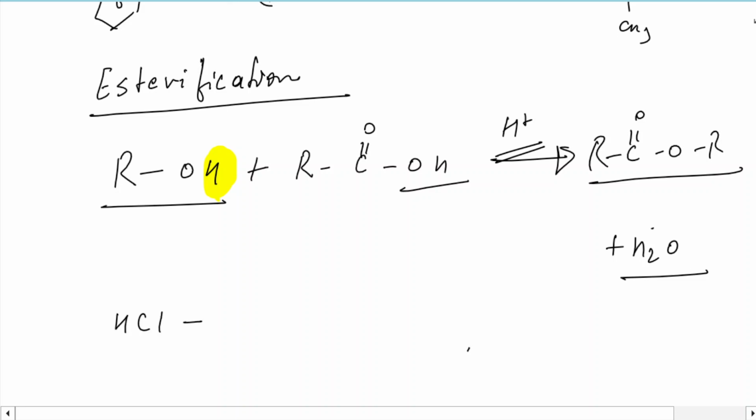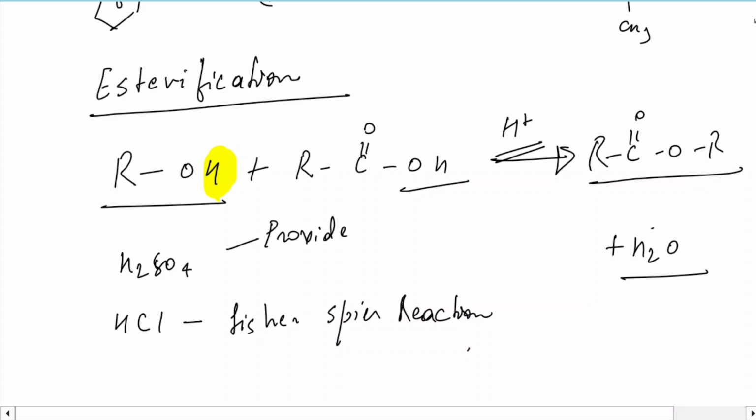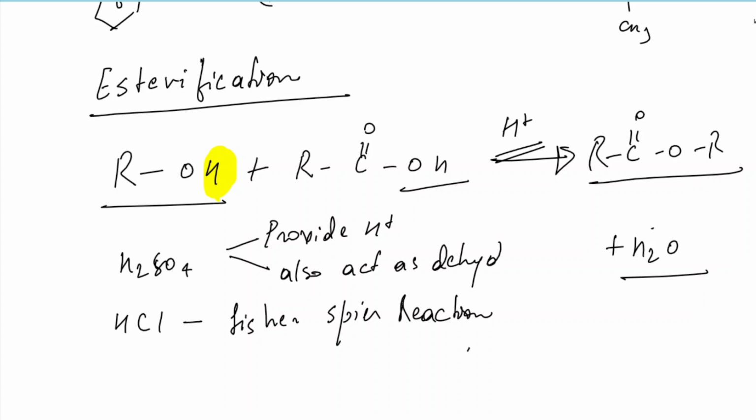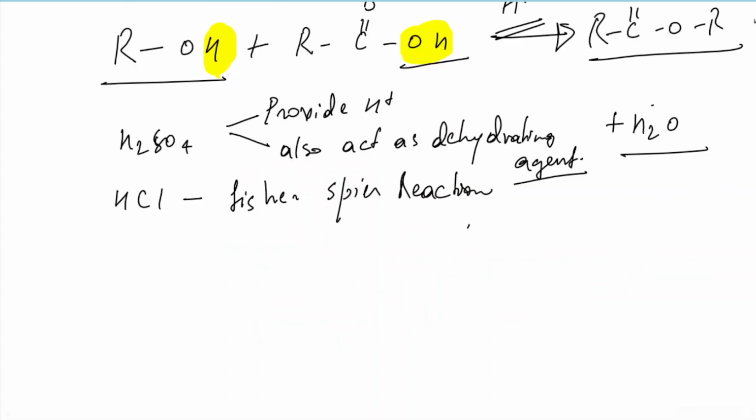If HCl is used in this reaction, then this reaction is known as Fischer-Speier reaction. And if H2SO4 is used here, it will provide H plus and it will also act as a dehydrating agent. Okay, so that's it. But this thing we have to remember that OH comes from acid and H comes from alcohol.